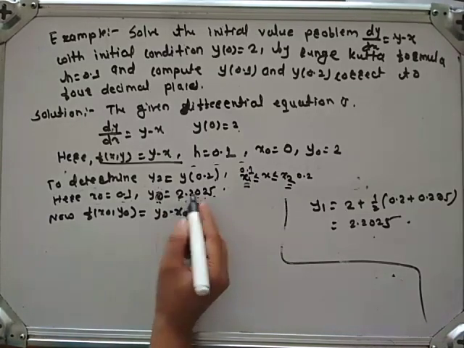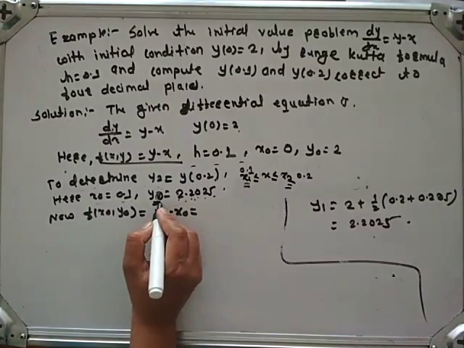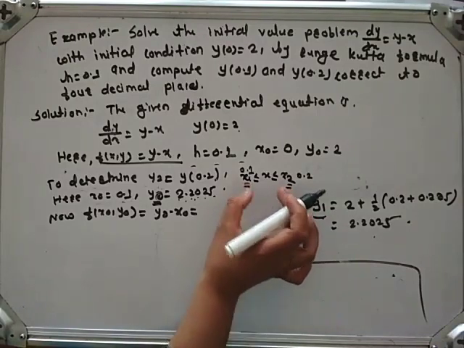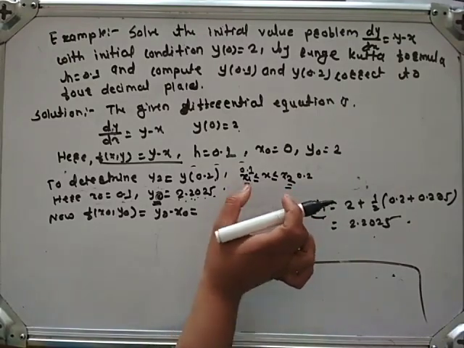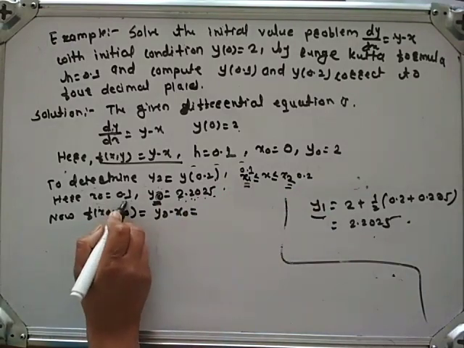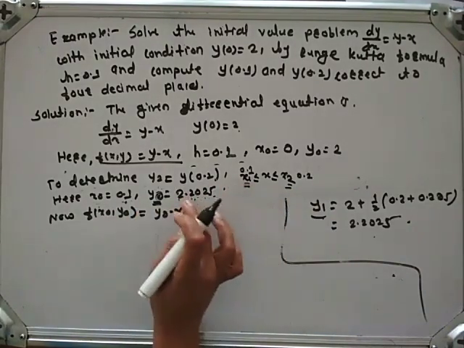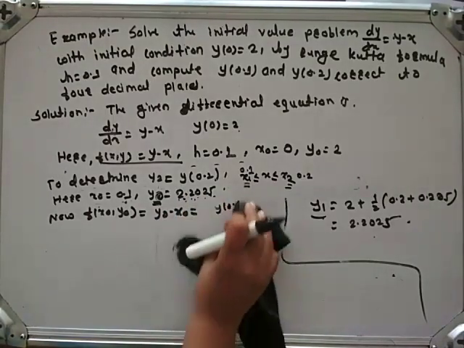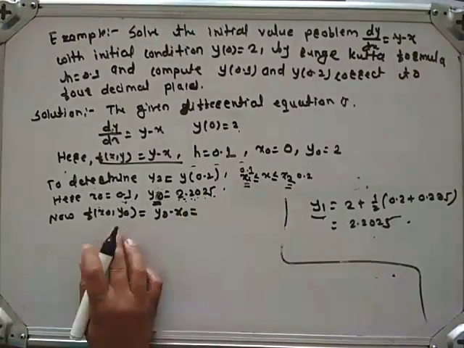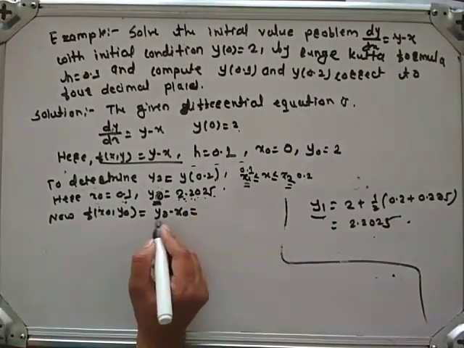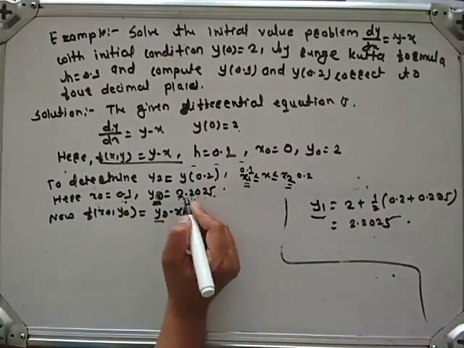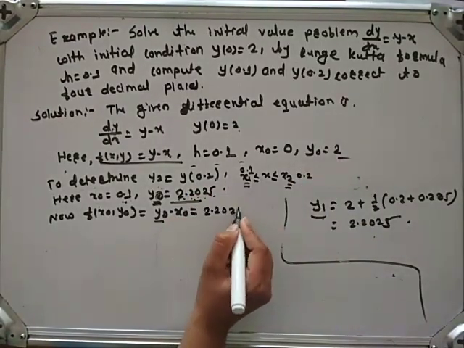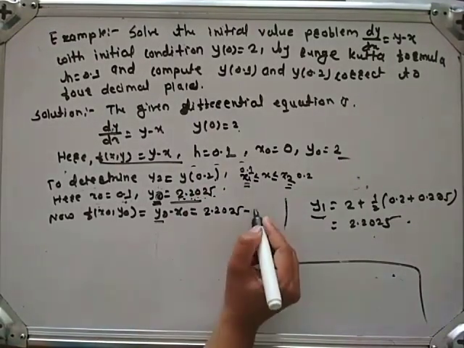Don't get confused, students. We know that this is the actual y1, but for this interval this x1 is x0. That's why x0 is equal to 0.1 and y0 is y of 0.1, which is y1. So f of x0, y0 is y0 minus x0, but y0 is this value, not the earlier one: 2.2025 minus x0, which is 0.1.